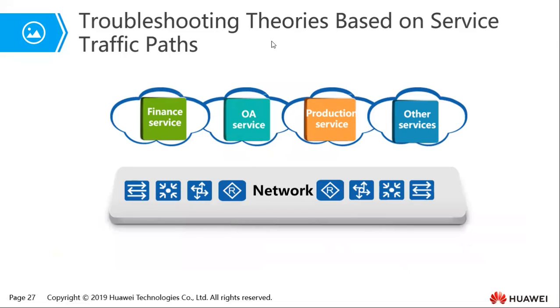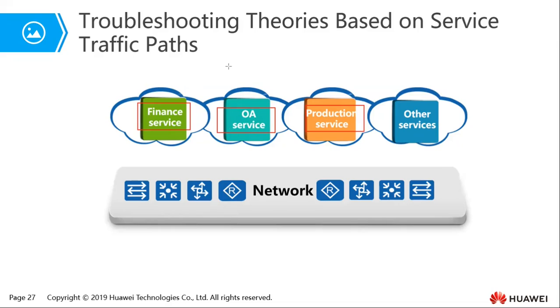Now, troubleshooting theories are also based on service traffic paths. As we know, networks are designed in such a way that they offer certain services. For example, they offer finance services, office automation services, production services, or any other services that the company is running.